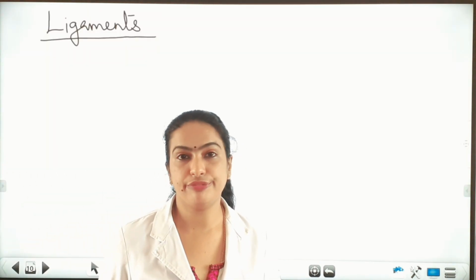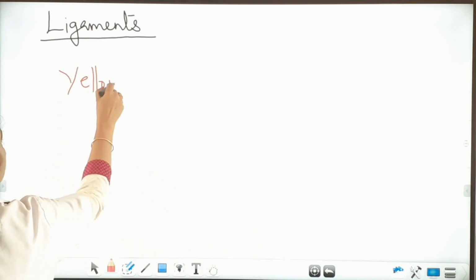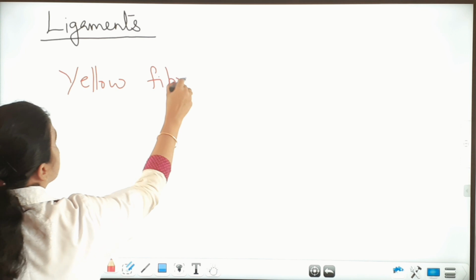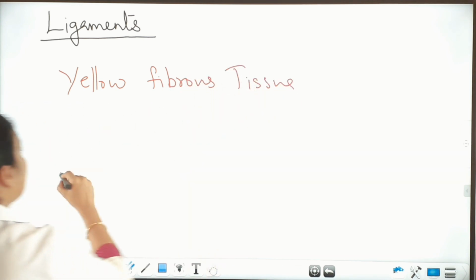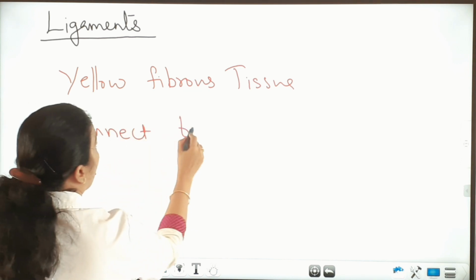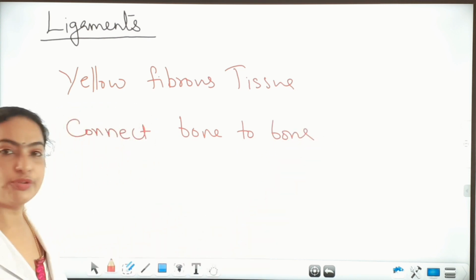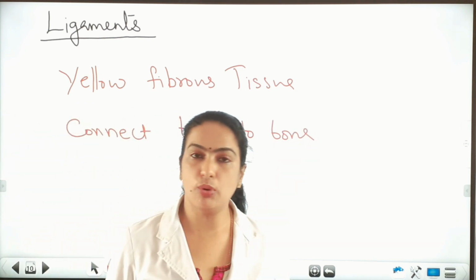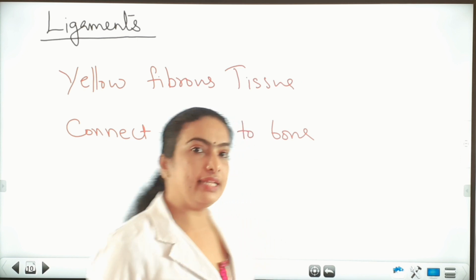And next we can see ligaments. Ligaments are made of yellow fibrous tissue. And these ligaments connect bone to bone. So bone-to-bone connections are there in our body, and those connections are accomplished by the ligament.